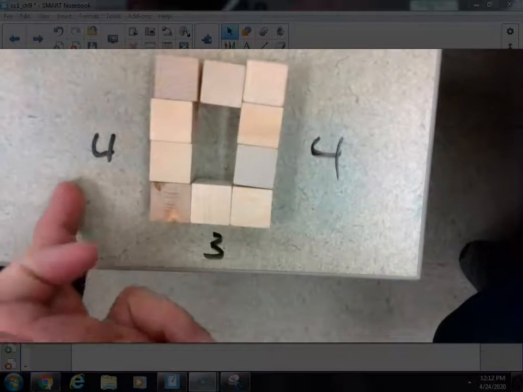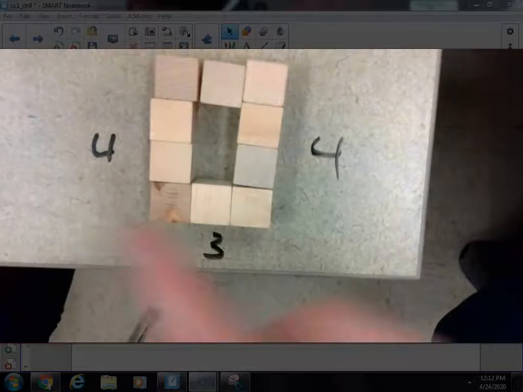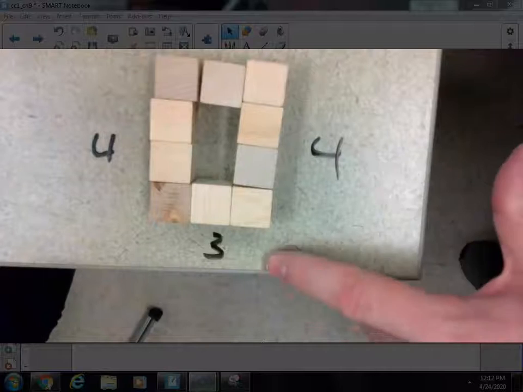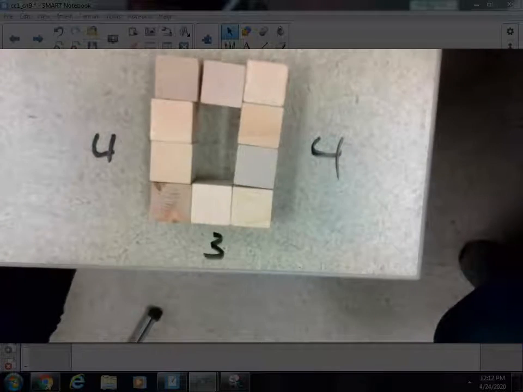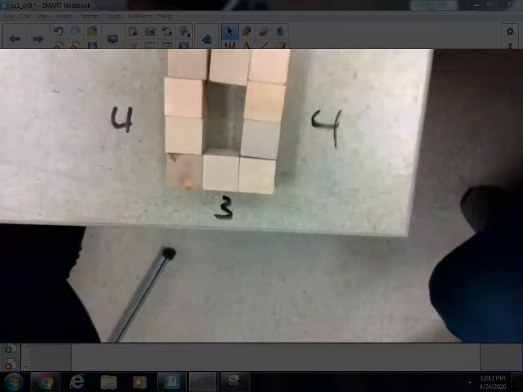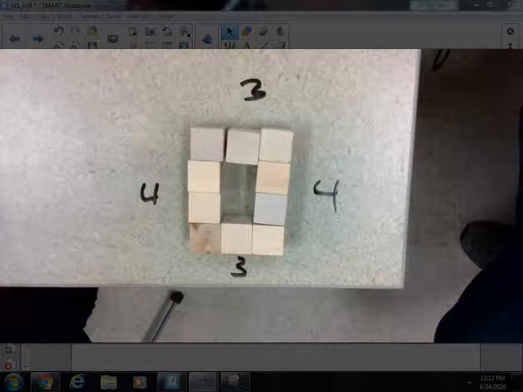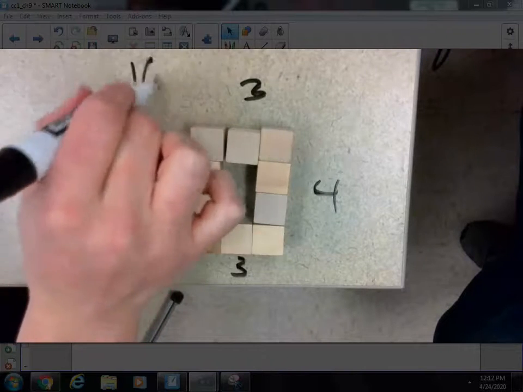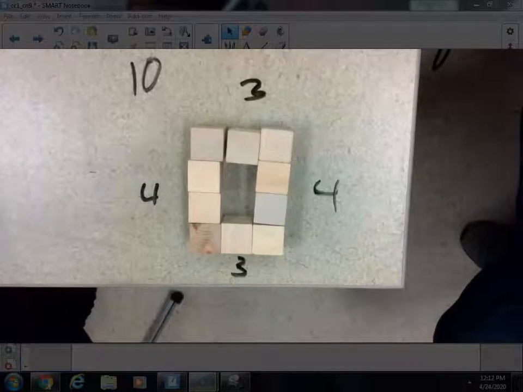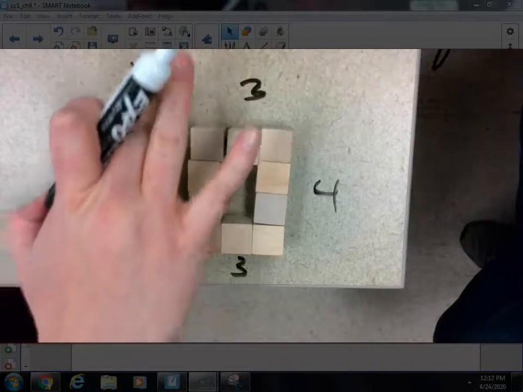It's kind of like the perimeter, the area in the perimeter. So we have 4 units of glass over here, 4 units over here, 3 in the front, and 3 in the back. So 4 plus 4 plus 3 plus 3 is 14.